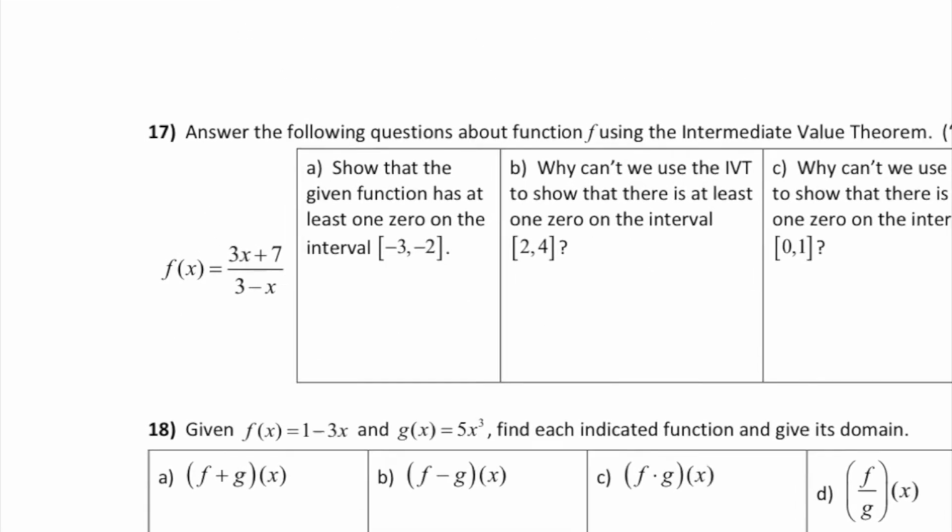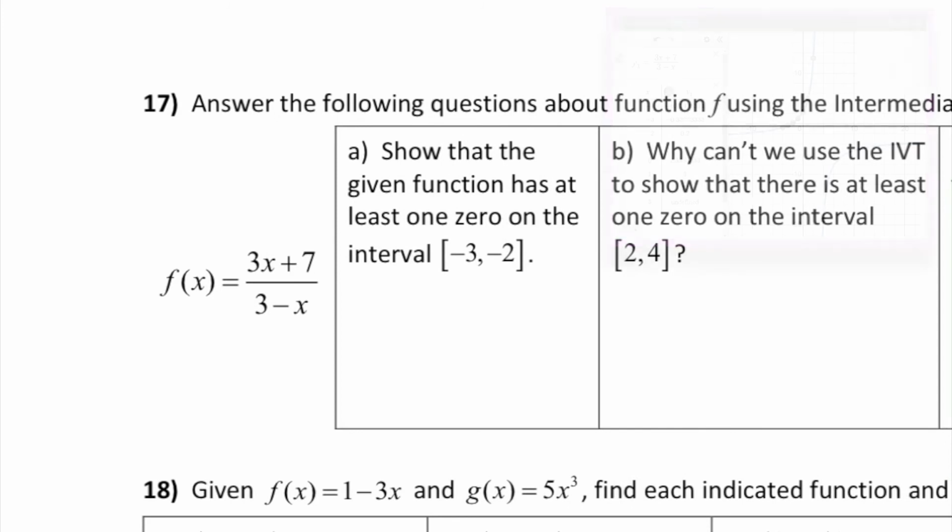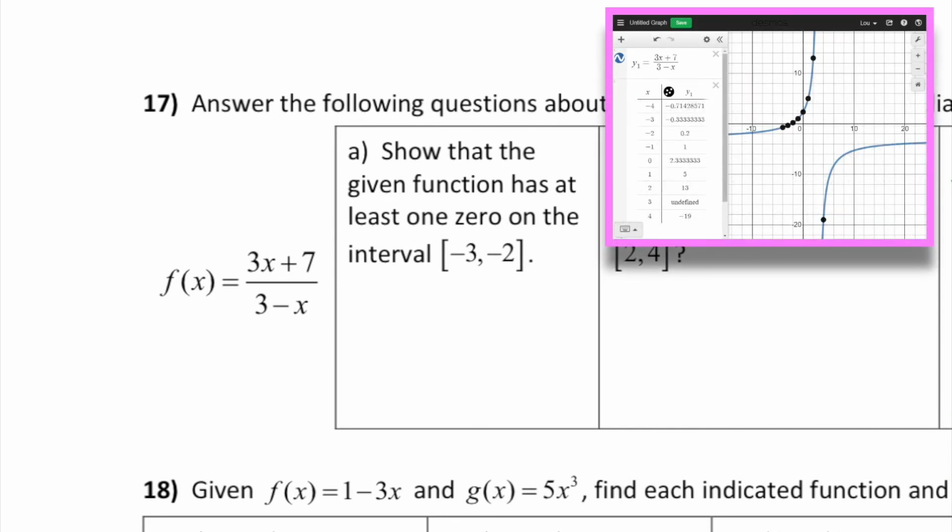So hopefully you have just watched a video of me using this function, the f of x for number 17, f of x equals (3x plus 7) over (3 minus x). Taking that function, making a graph of it, and also creating a table of values to go with it so that we can look at the signs on those values and then answer questions using the intermediate value theorem.